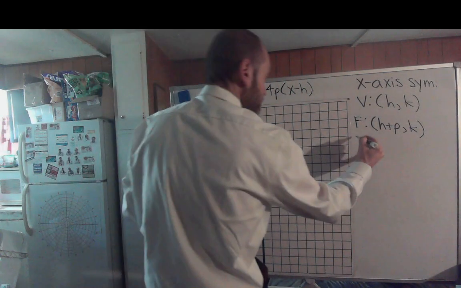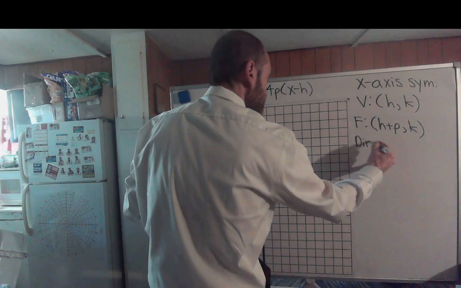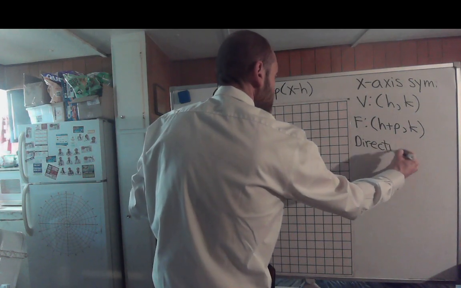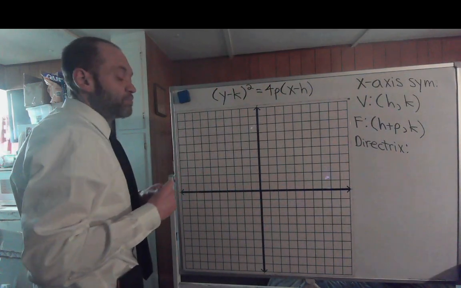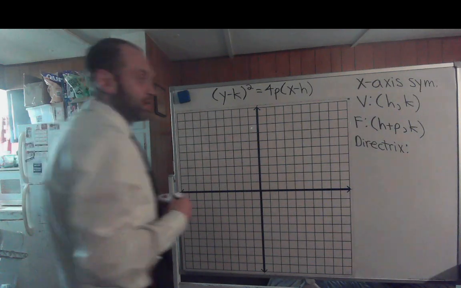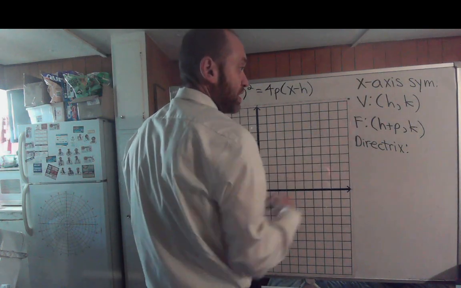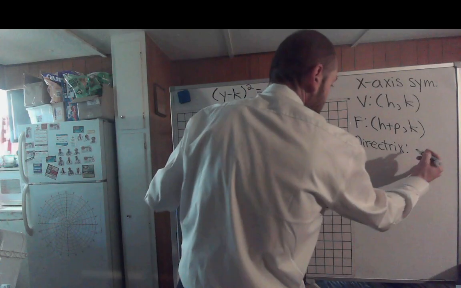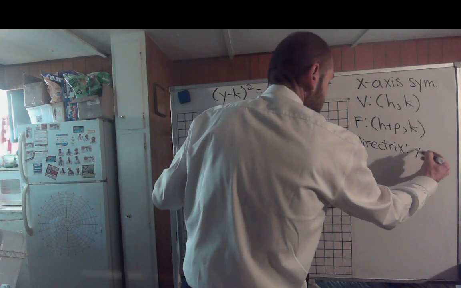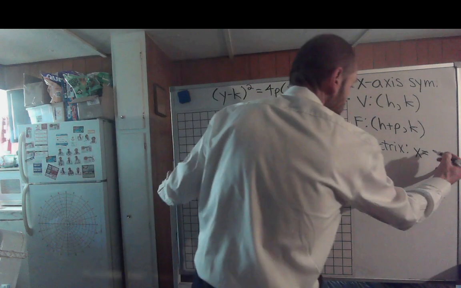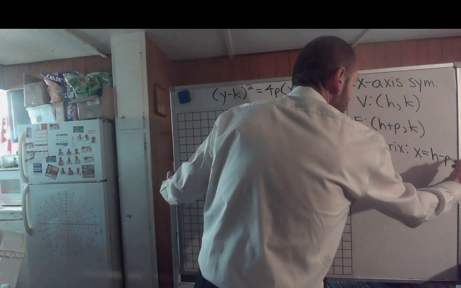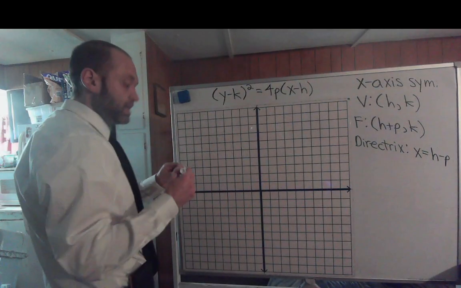And then you have a directrix. So let's take the directrix here. All I'm going to do is subtract p from my x-coordinate of h. That would give me h minus p. But since it's x-axis symmetry, you'll get the form of the directrix being x equals h minus p. So you would have a vertical line.